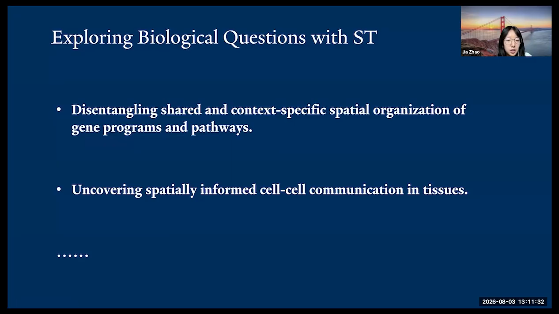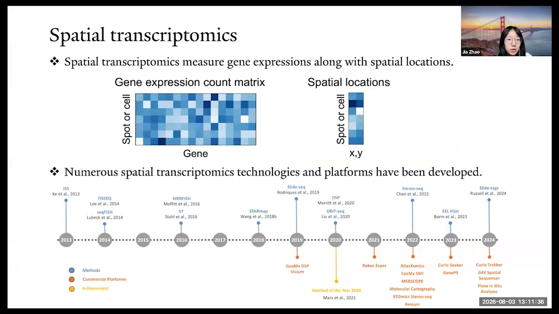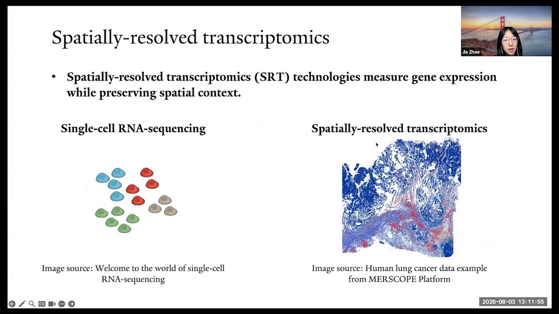So, talking about uncovering the spatial organizations of tissues. Recall that we have those high-dimensional gene expression measurements. If we focus on each gene, then we have the expression across spots or cells, and we have the spatial location information associated with it. You can imagine there are 3 columns, and they can form one particular image.